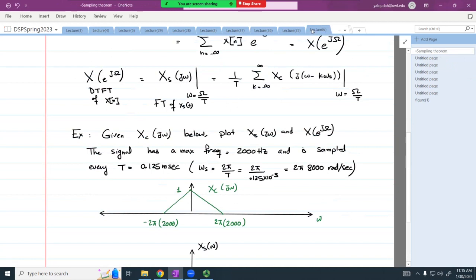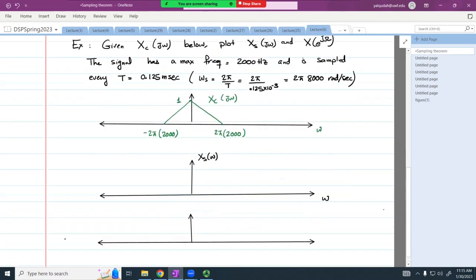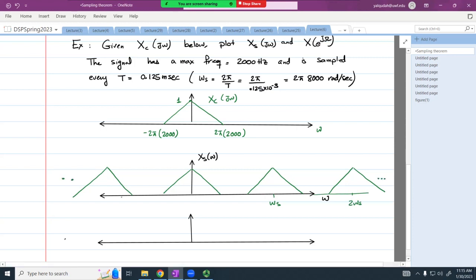So if I come here, how is the spectrum going to look? It's going to have the spectrum repeating every Ωs. This is Ωs, this is 2Ωs, and this is going to continue from negative infinity to infinity. This is negative Ωs, and so on. Is that clear, everybody?